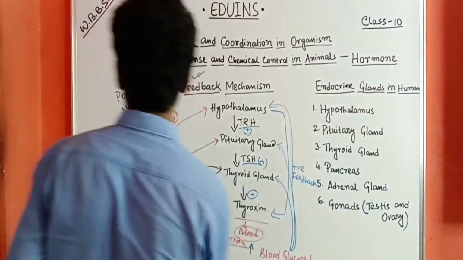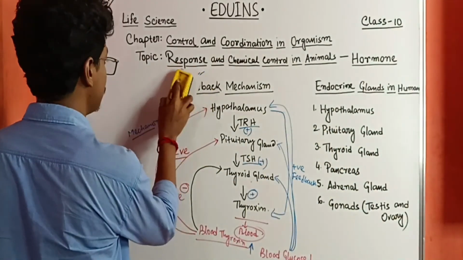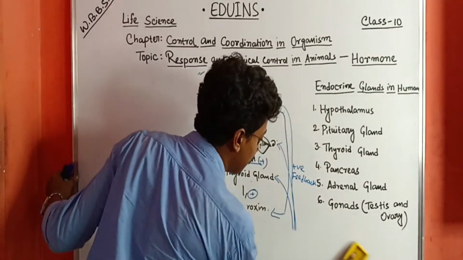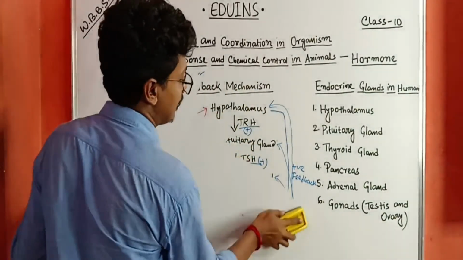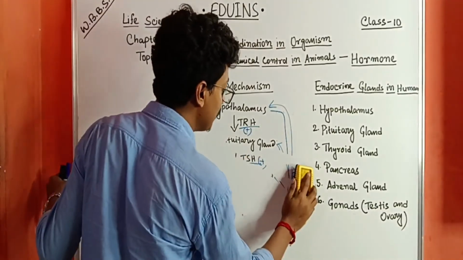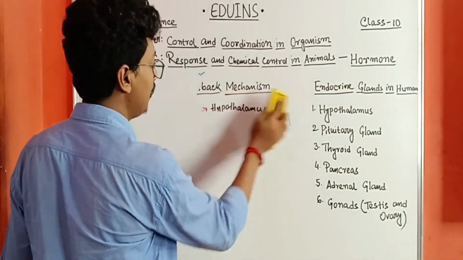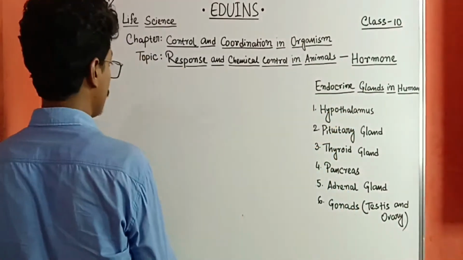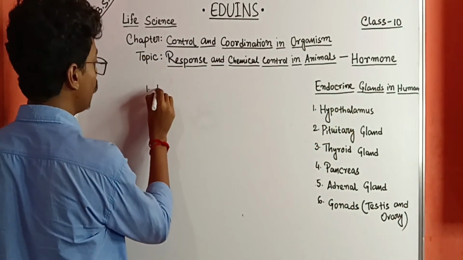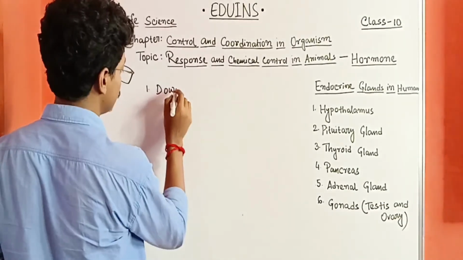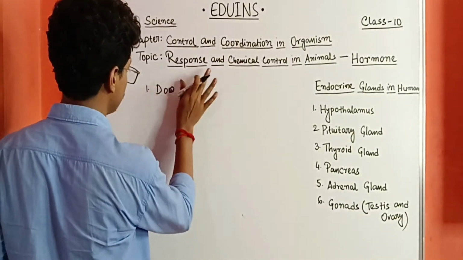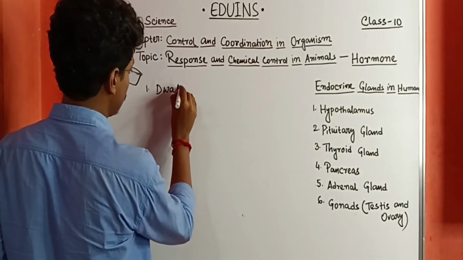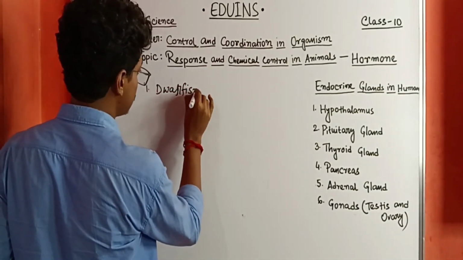So we jump to the last section, that is the diseases caused by hormonal secretion, that is less secretion or excess secretion in our body. So the first one is dwarfism.